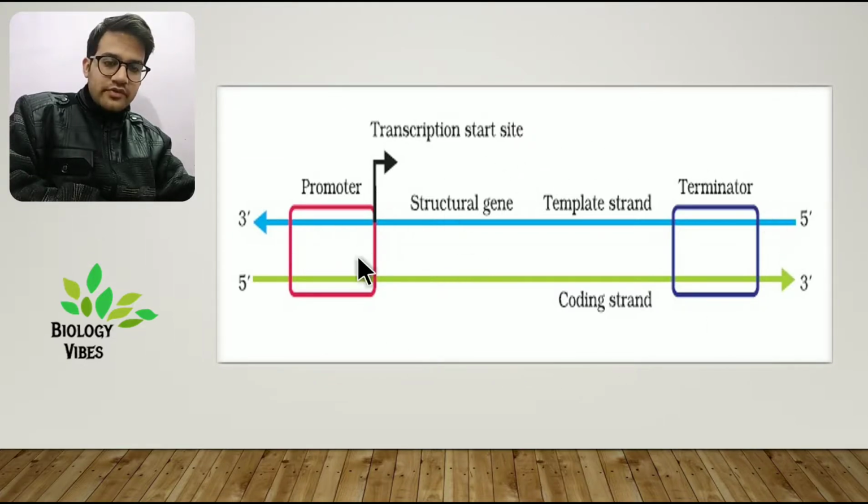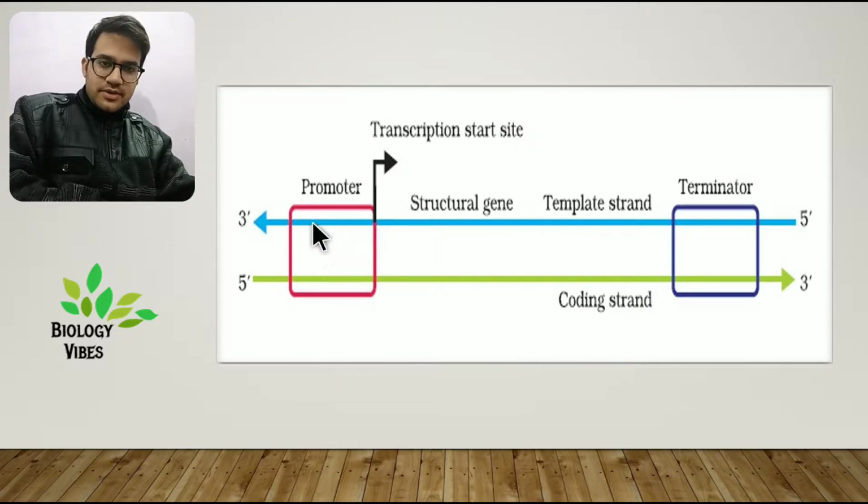So the components are: one strand is called the template strand, this blue one, or the antisense strand. The green one is the coding strand, or the sense strand. There's a promoter and there's a terminator. The promoter is the transcription start site, from where the transcription will begin, and at the terminator it will end.